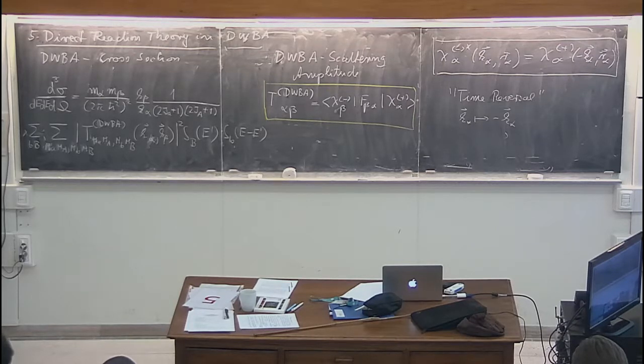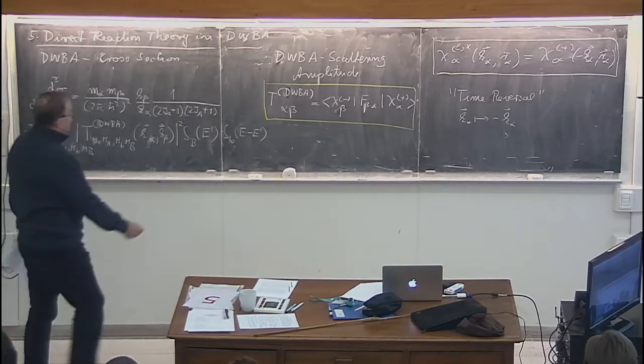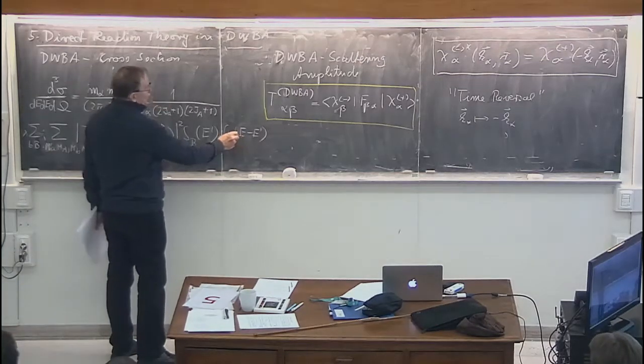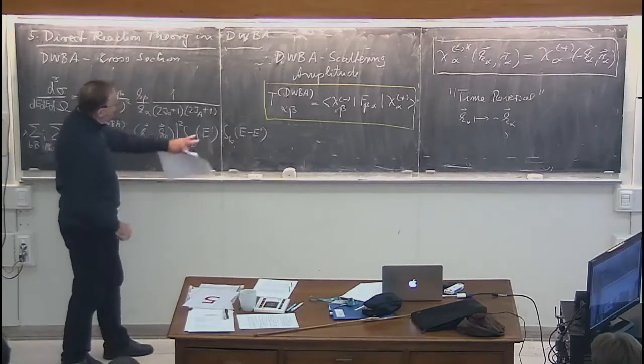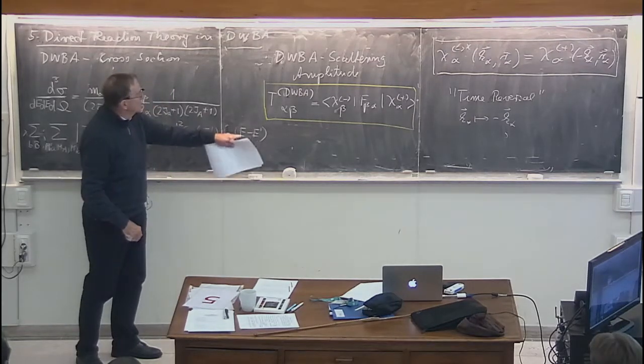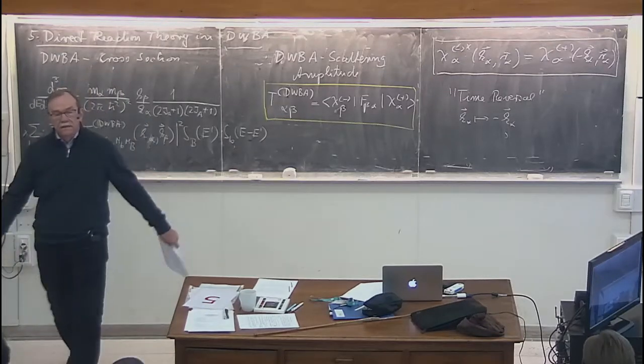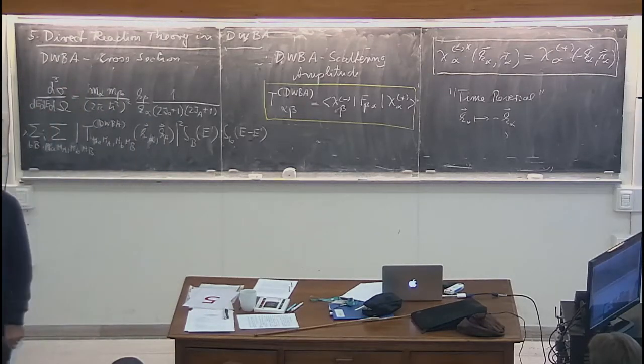That means what I put into excitations of the one nucleus, I lose for excitations in the other nucleus. And E is the total energy transfer, and so that is taken into account here. If you add these two arguments, then you see they add up to the total energy transfer E.